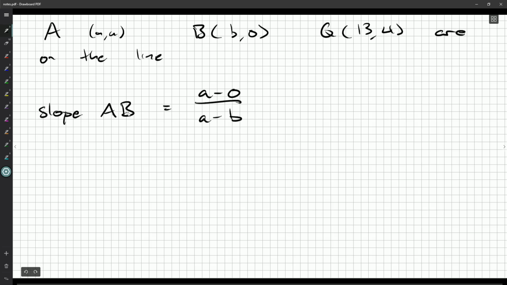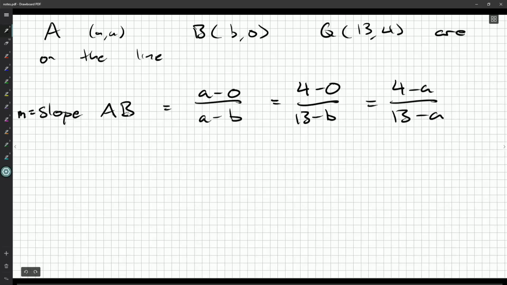And we might even call this slope m. It could be the difference in the y coordinates for Q and B. And it can also be the difference in the y coordinates for Q and A. So all of these are the same. And comparing them, we should get some nice relationships between a and b, and hopefully we can get some integers out of this.